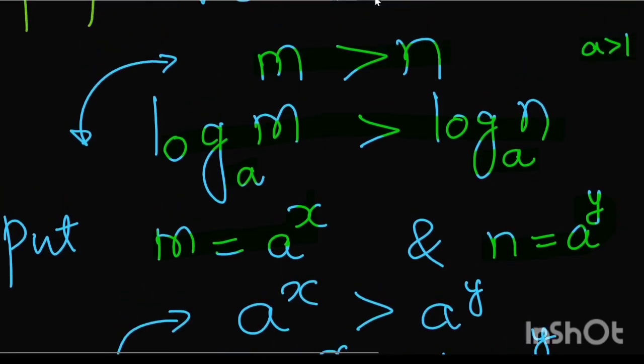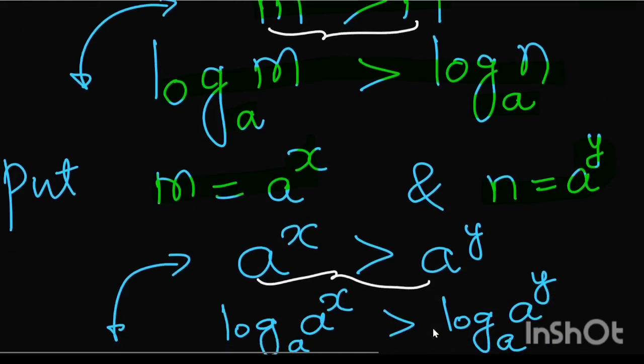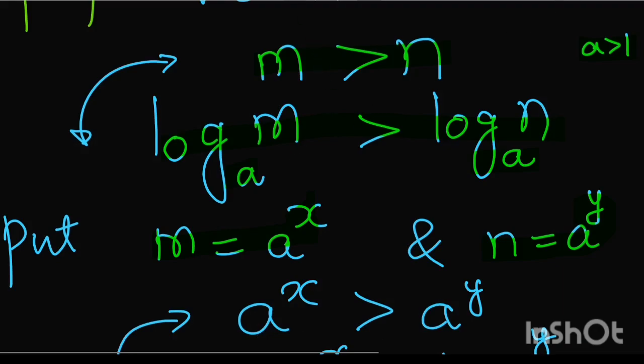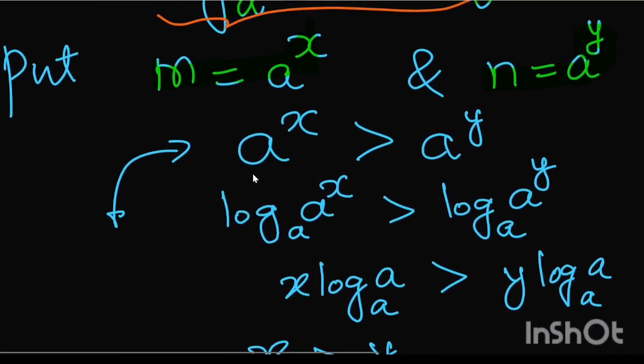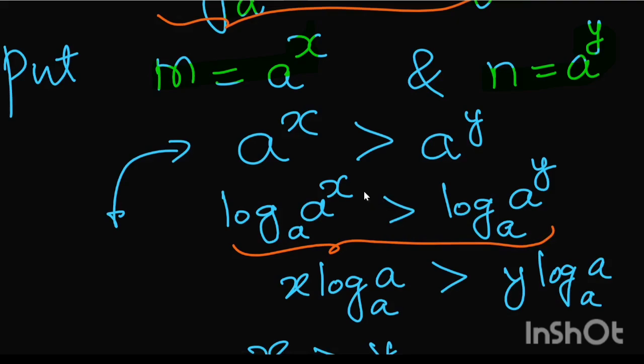M greater than n is now replaced by a to the power x greater than a to the power y here, and similarly this part here also is replaced, m and n being replaced by a to the power x and a to the power y respectively, guys.